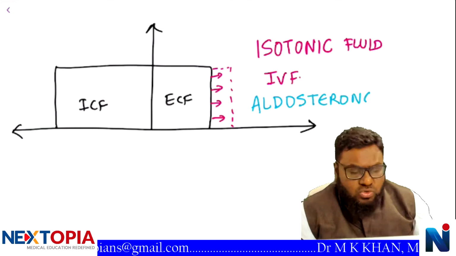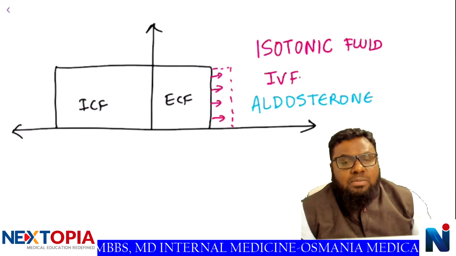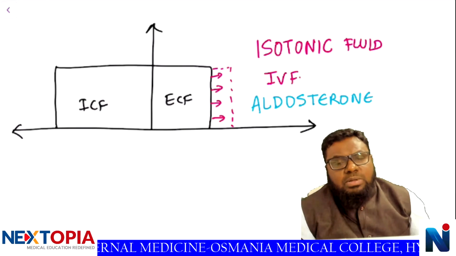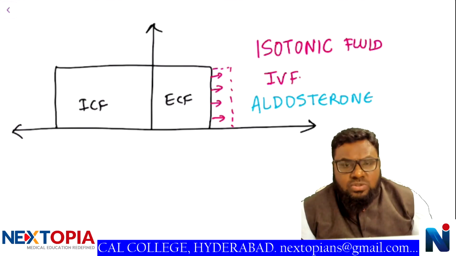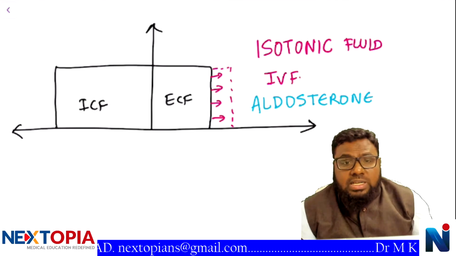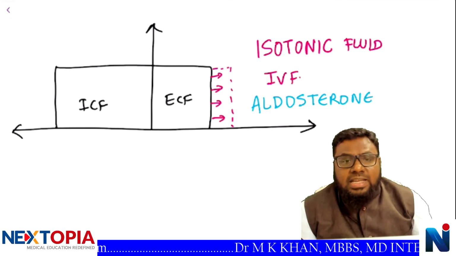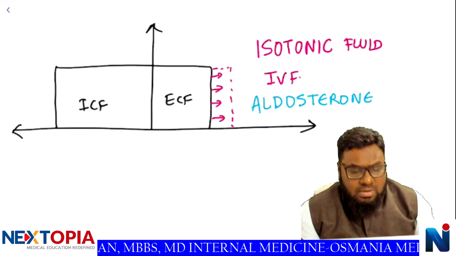Initially sodium and water retention occurs, but sodium moves easily in the extracellular compartment, from the blood vessel to the interstitial fluid, and this movement of sodium but not of water results in net gain of water only. This is because of the action of aldosterone.